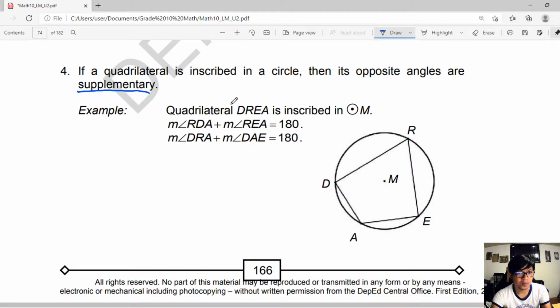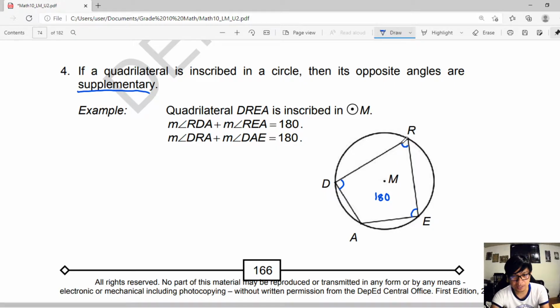So example, quadrilateral DREA is inscribed in circle M. So ibig sabihin, measure of angle RDA, this angle, and the measure of angle REA is equal to 180.